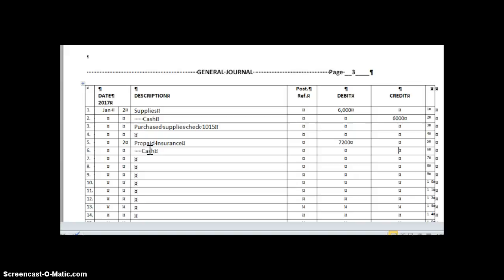Credit amount, $7,200. We write our description. Put our check number. And you continue on down, entering all your transactions in your journal.